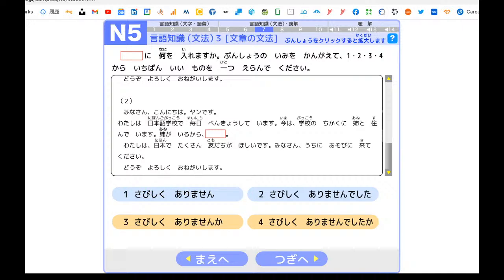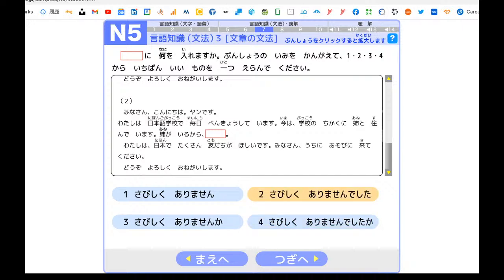The first one is ありません, which means just denying, not feeling lonely. ありませんでした is the past tense of the first option. Third one, ありませんか, is a question form of the first one. And the fourth one is the question form of the second one.